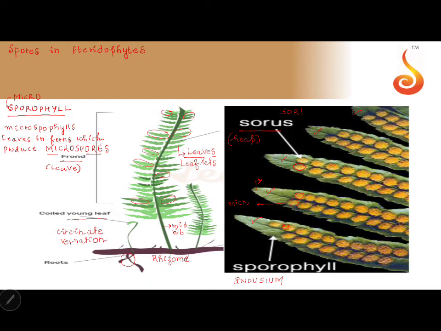And megasporophylls are the leaves which will produce megaspores in heterosporous pteridophytes. Am I clear? You please remember this, because I want to say you the evolution of anther and evolution of ovule based upon this concept.